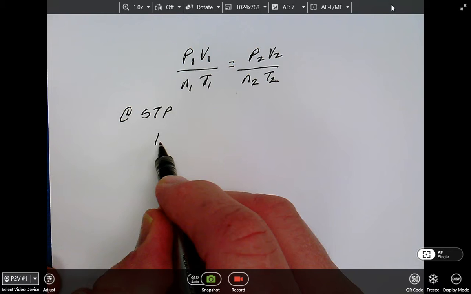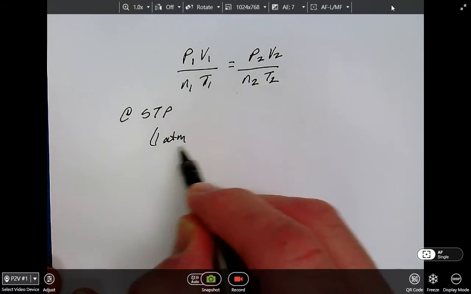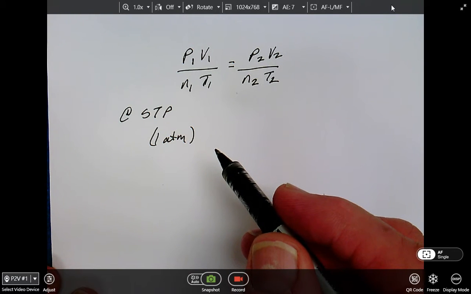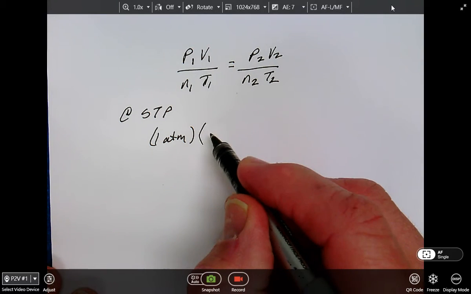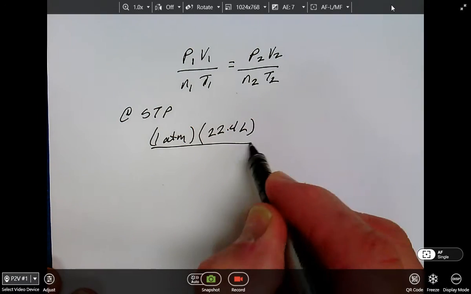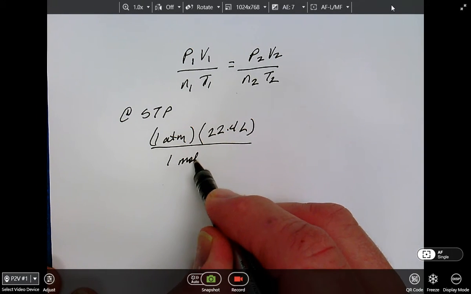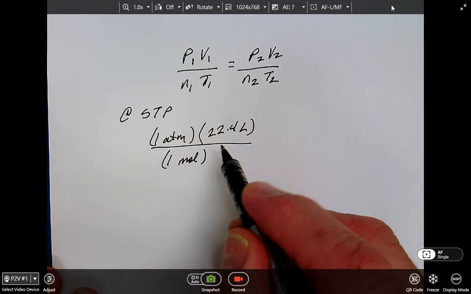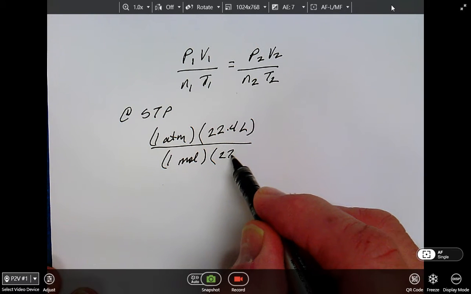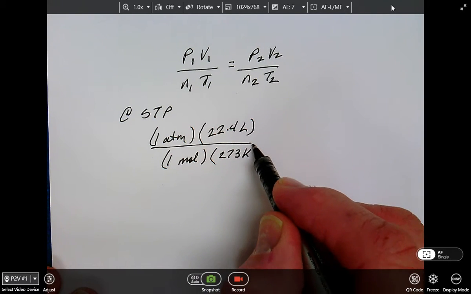Well, that's 1 atmosphere. And then if we have 1 mole of a gas, the volume would be 22.4 liters per 1 mole. So there's our N. And then our temperature would be 0 degrees Celsius, which of course we said is 273 K.